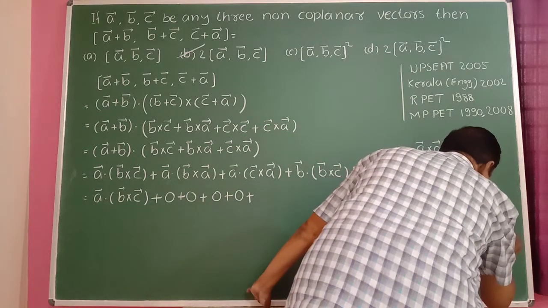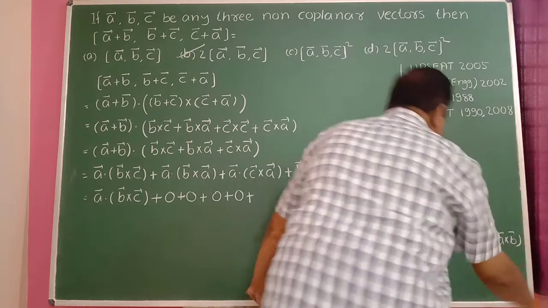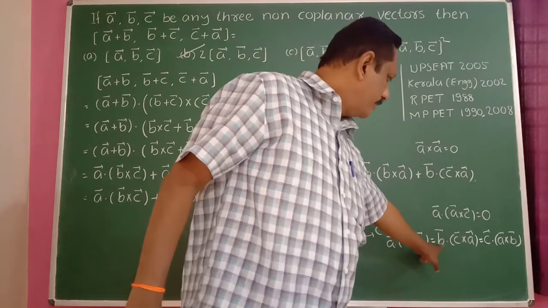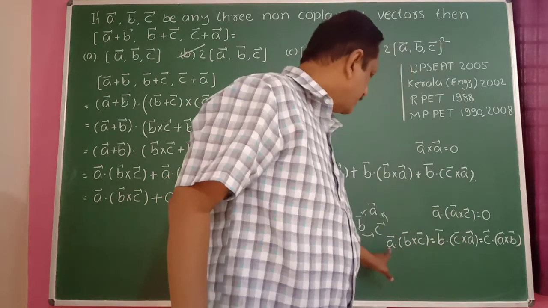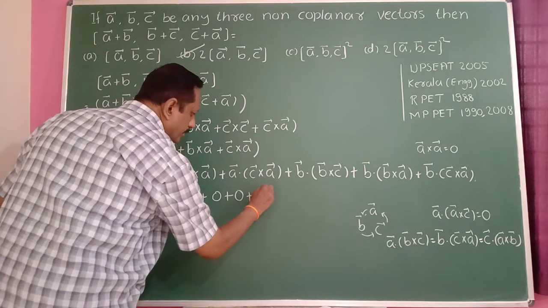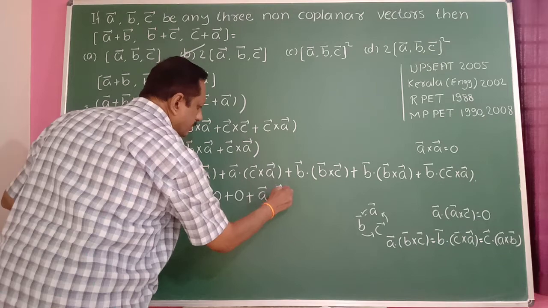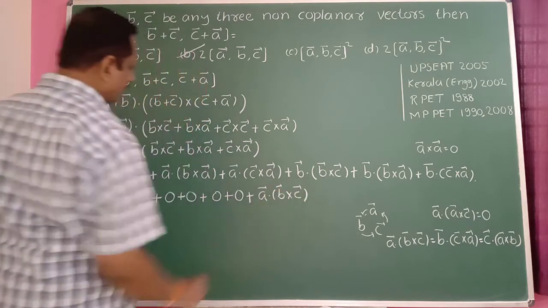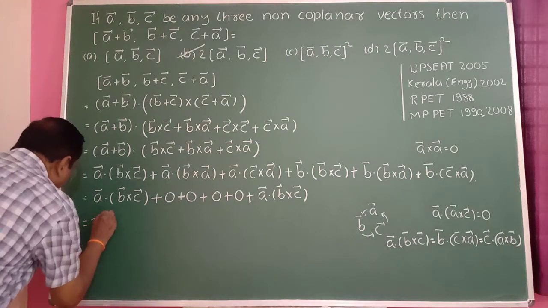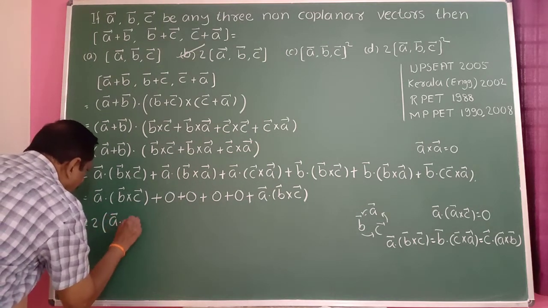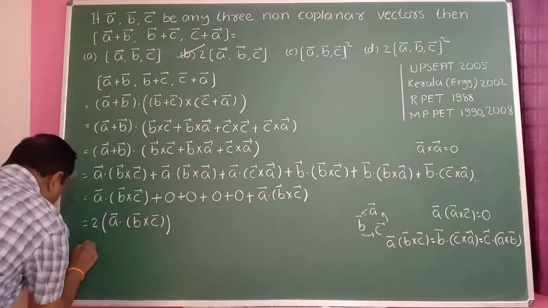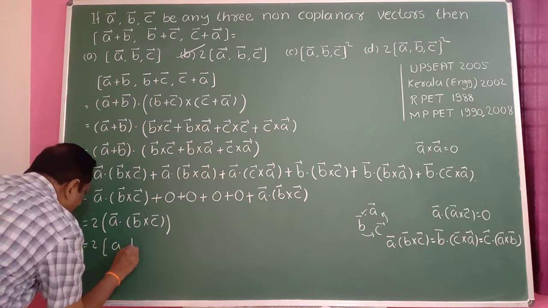Hence both scalar triple products are the same. Therefore we can write it as 2 times a bar dot of b bar cross c bar. This is nothing but the scalar triple product [a bar, b bar, c bar].